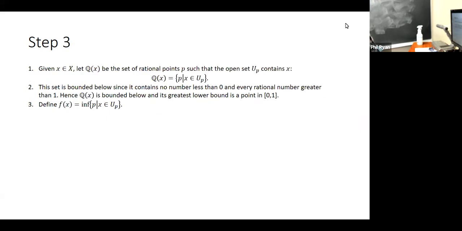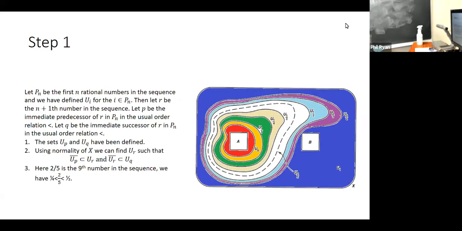Well, if we go back and look at it again, B is in U_1, but for any rational number less than 1, all the U_p are over here, so none of them contain B. Actually, it's not even in U_1, right? That's right.